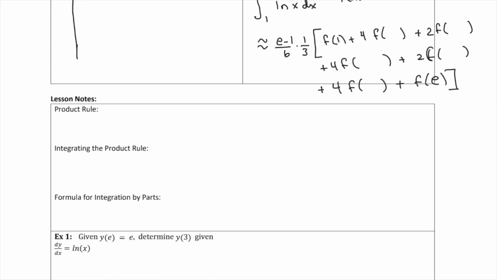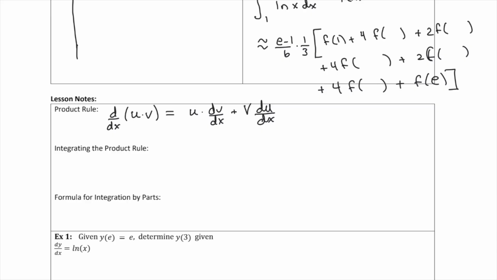So let's once again talk about our product rule. If I have u times v and I say, hey, find the derivative of u times v with respect to x, you would say that that would be u times dv dx plus v times du dx, which is great.